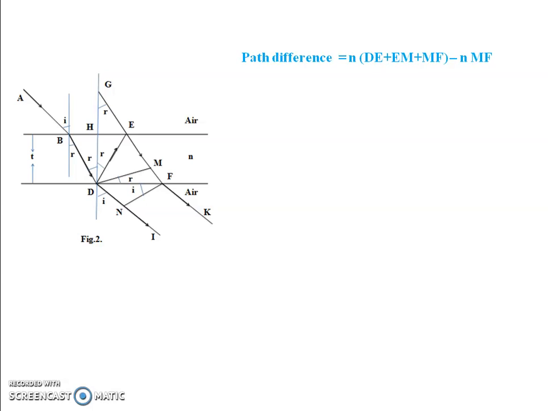Now the path difference is equal to μ(DE + EM + MF) minus μ into MF. Ultimately the MF will get cancelled, and therefore the path difference can be written as μ into GM.